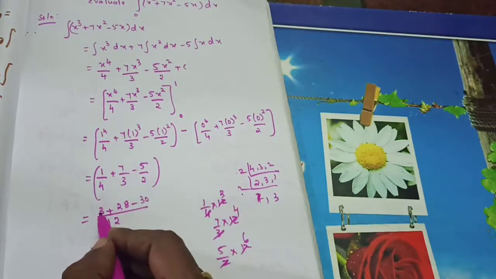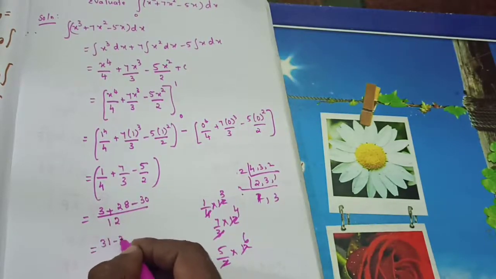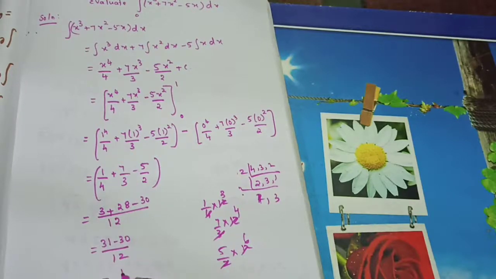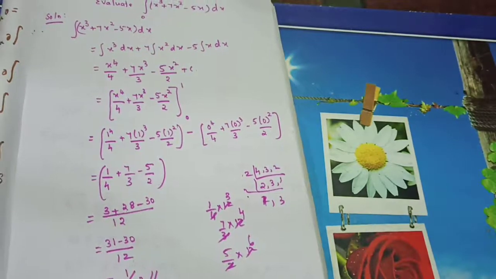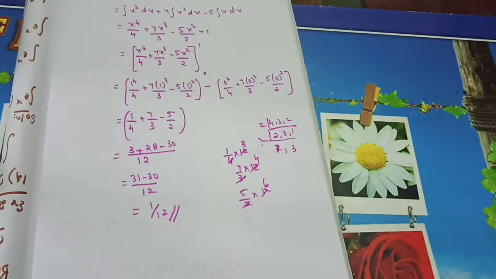Simplify: 28 plus 3 means 31, minus 30, by 12. So what's the value? 1 by 12. Very easy, same as everything in the previous sections. Only one thing is we need to apply the limit. Got it? I hope you got some idea.